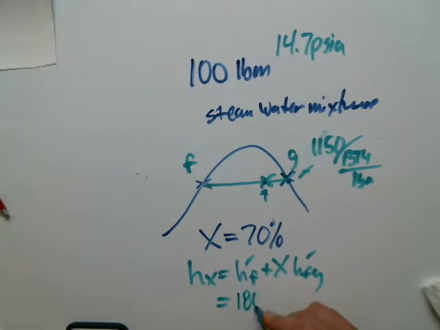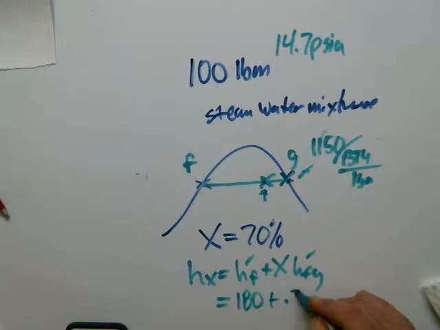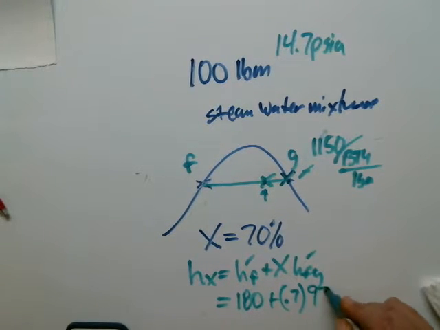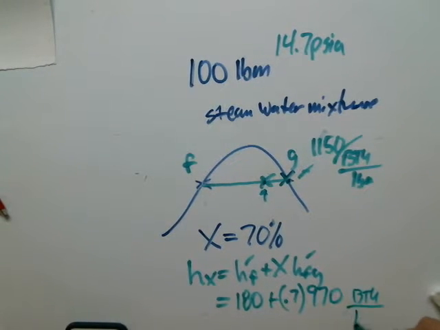So 180, and I know that this is BTUs per pound mass, plus quality, 0.7, times 970, all of this being in BTUs per pound mass.